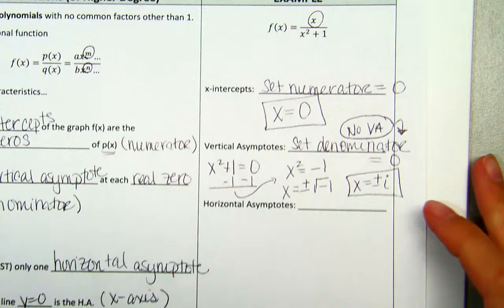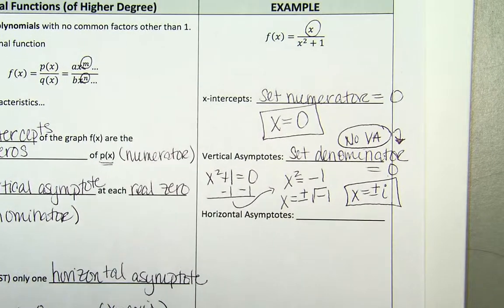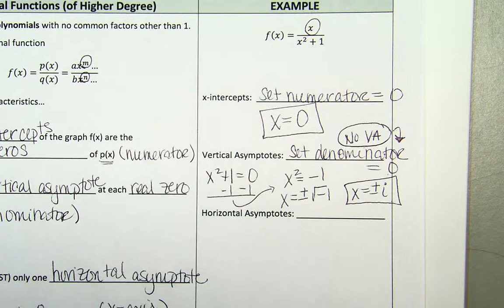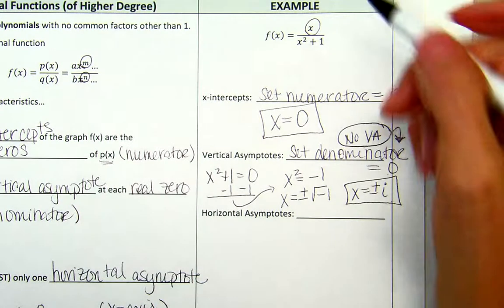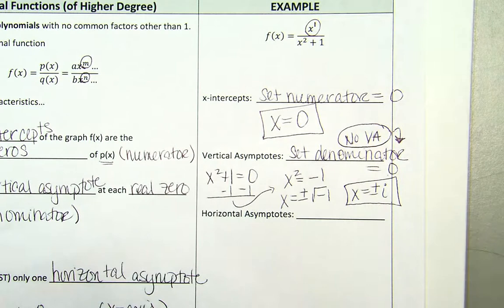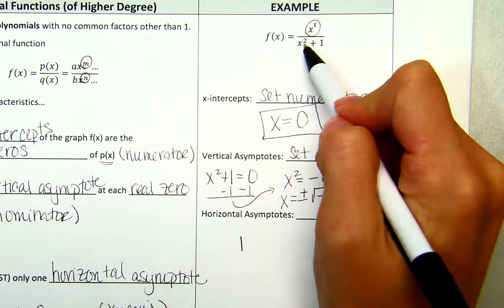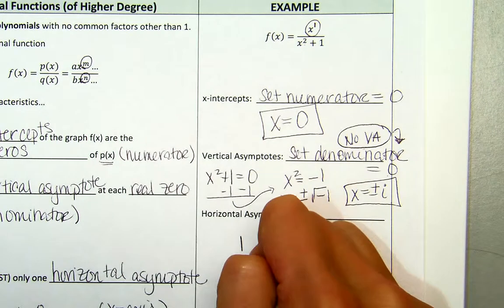Our horizontal asymptote we find by taking the degree of our numerator and the degree of our denominator and analyzing them. So in our numerator, x, if it has no degree listed, we know that there's an invisible 1 up there. So we take our degree of our numerator, we take our degree of our denominator, which is 2.